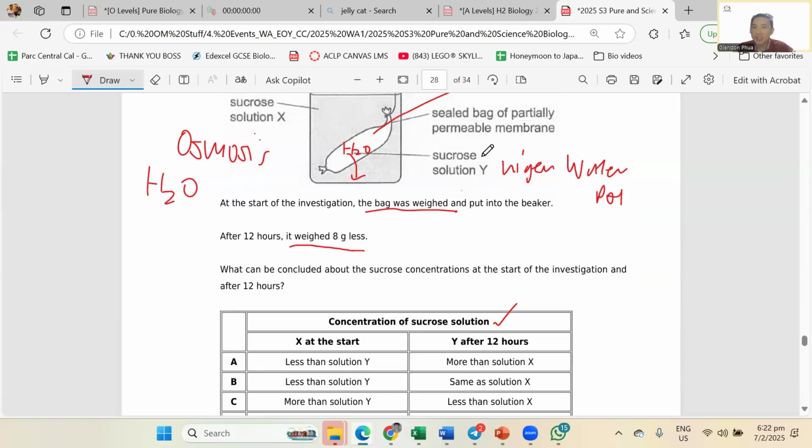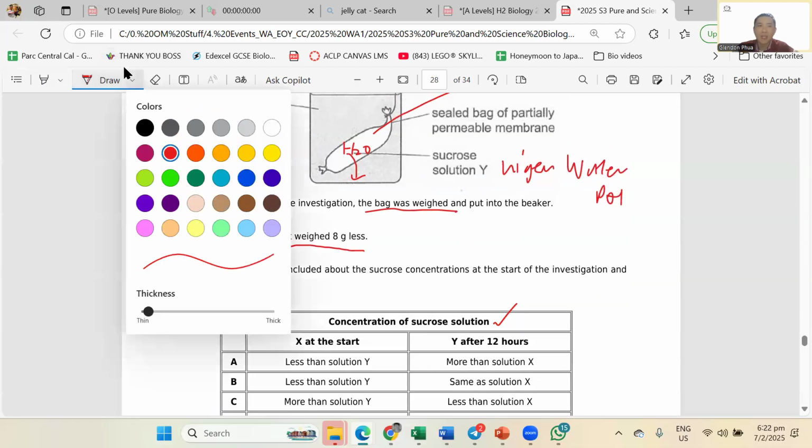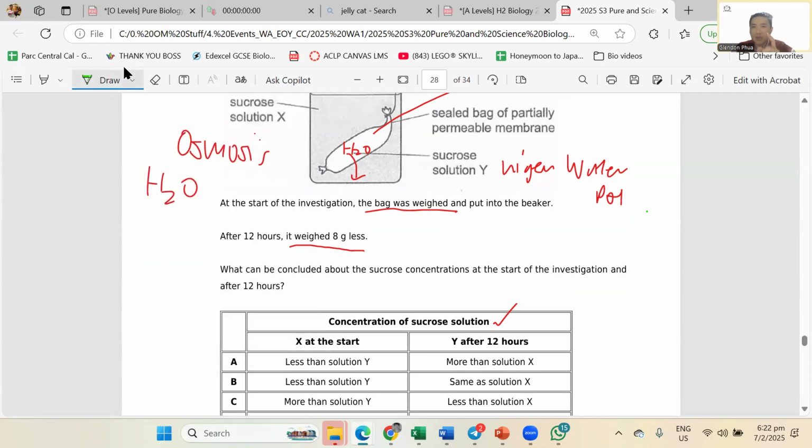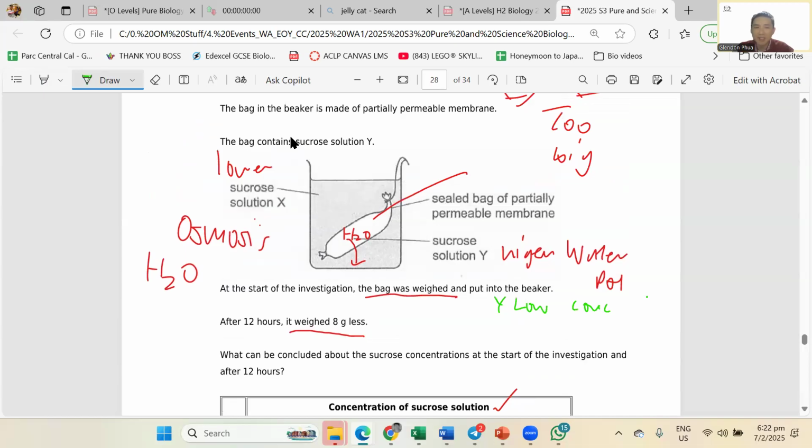If sucrose has a higher water potential, what is the concentration? This is what I mean just now. You must be able to reverse. So higher water potential, low concentration. So Y has low concentration. X has the reverse. X has high concentration.